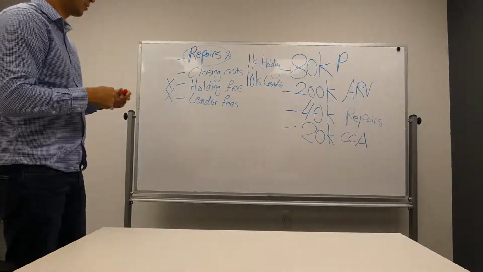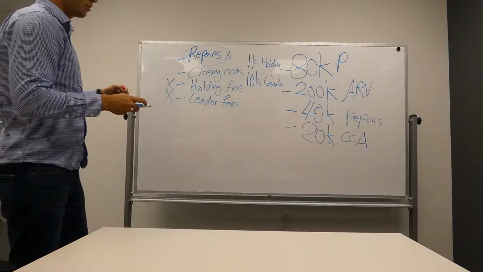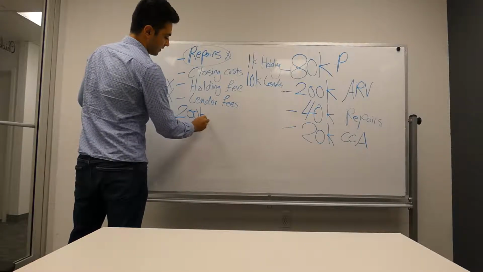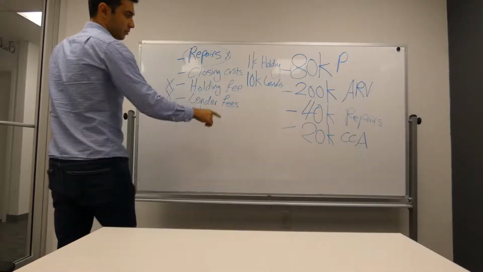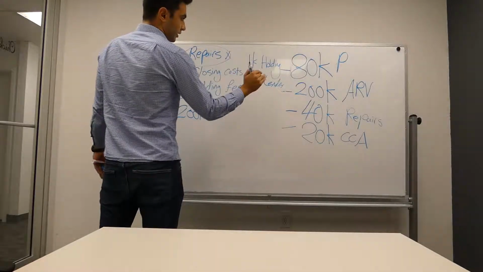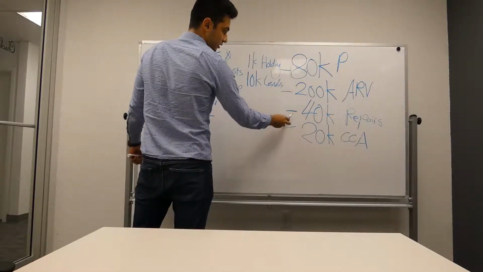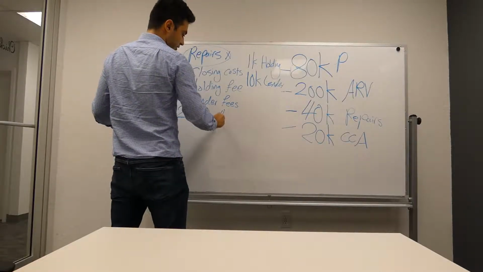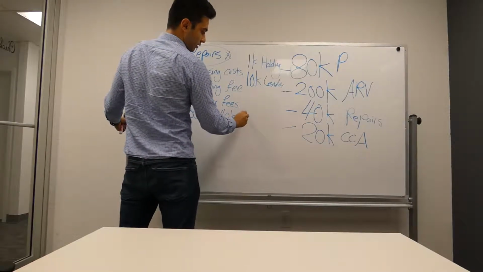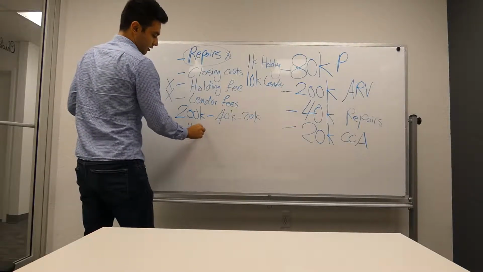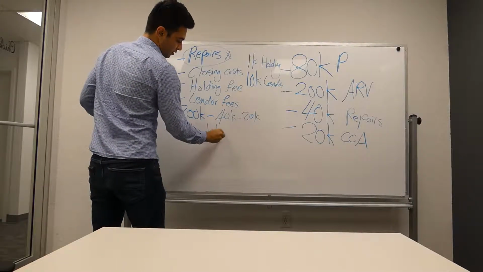So now I have all my numbers. Now my ARV is $200,000, after repair value, minus all these numbers. So we have $40,000. I'm not gonna do the purchase price right now. For my $40,000 and $20,000 closing cost assistant, $1K and $10K.